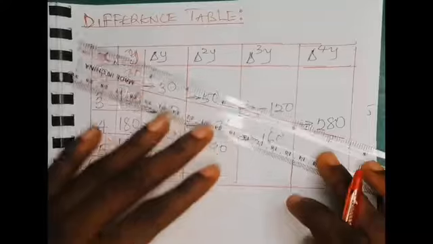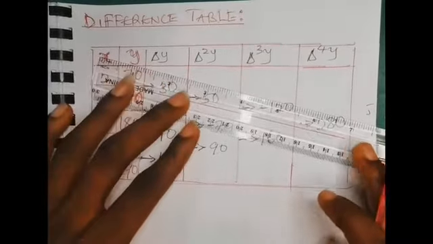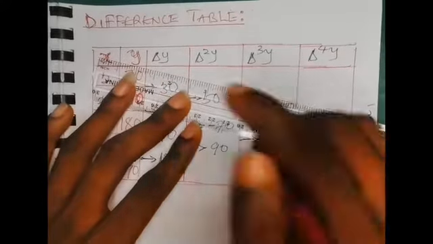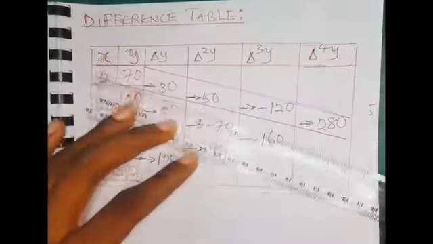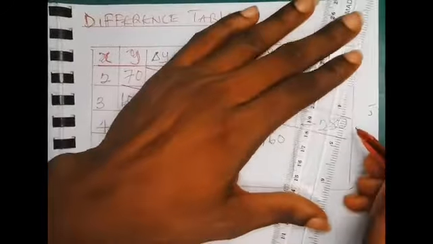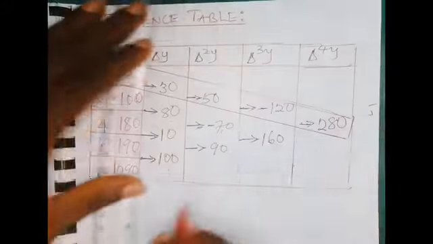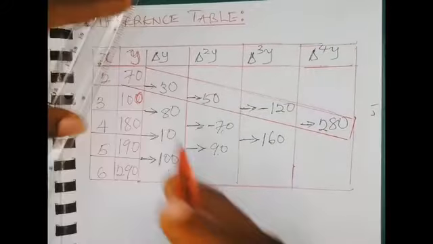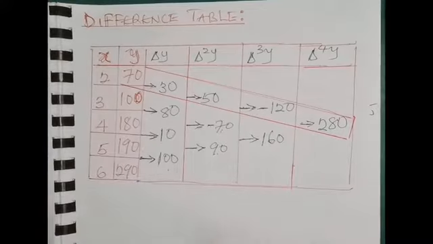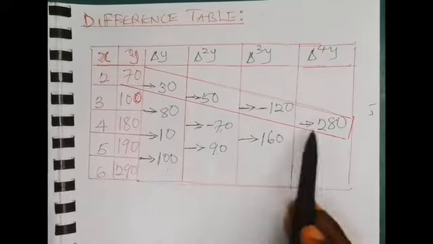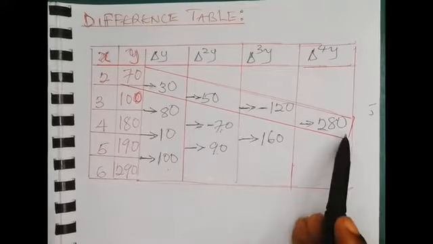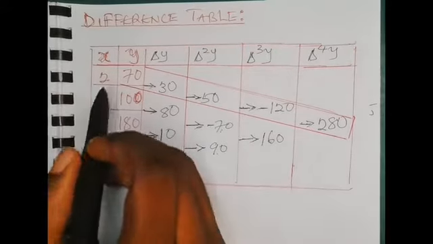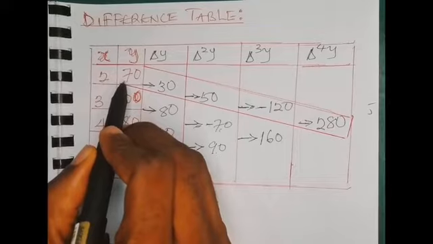These values at the upfront are called the leading forward differences, whereas this is called y naught, already established.